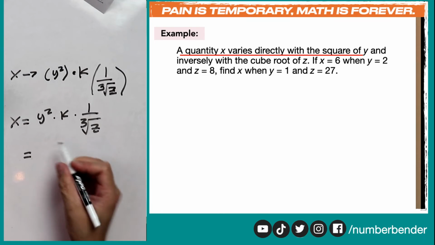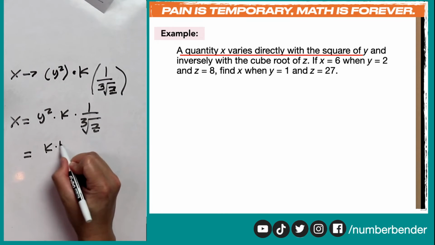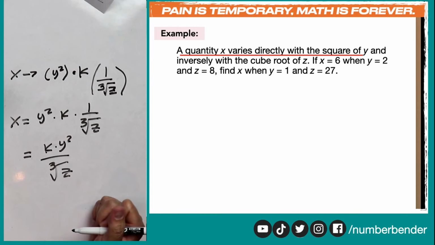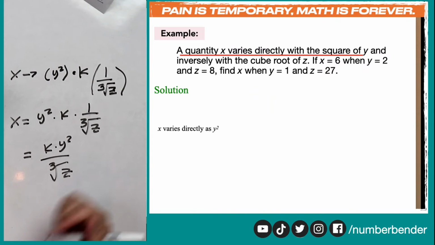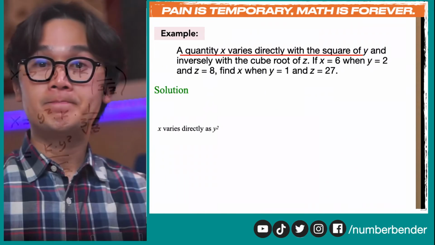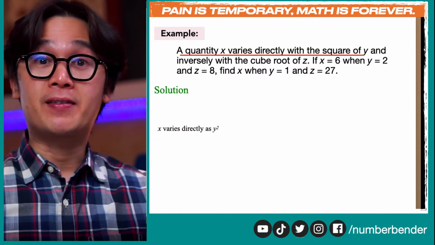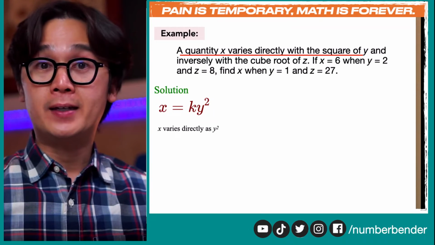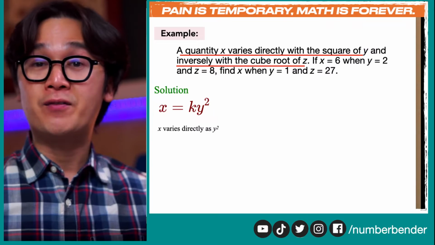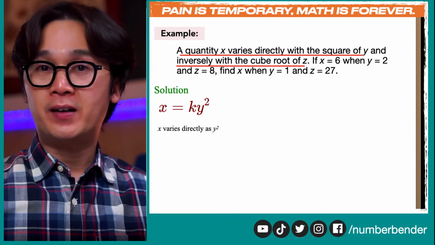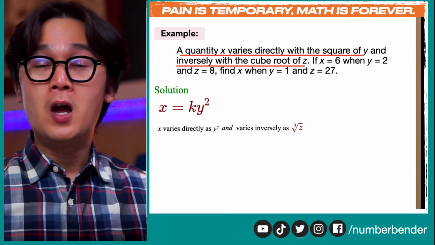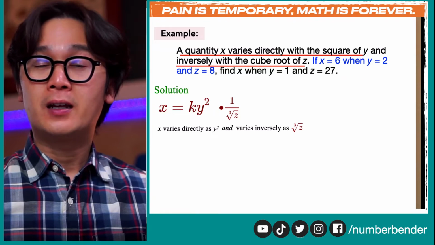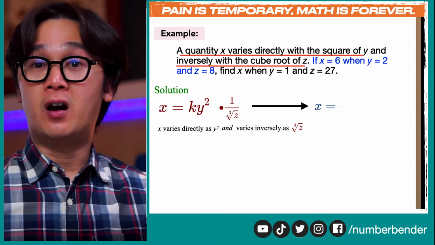and if you want to simplify the formula, it will be k y squared all over the third root of z. In this way, we'll be able to find the solution of the first part of the problem, which is finding the constant of variation k, because we're able to translate the combined variation, having direct variation and inverse variation in one problem, into x is equal to ky squared all over the cube root of z.